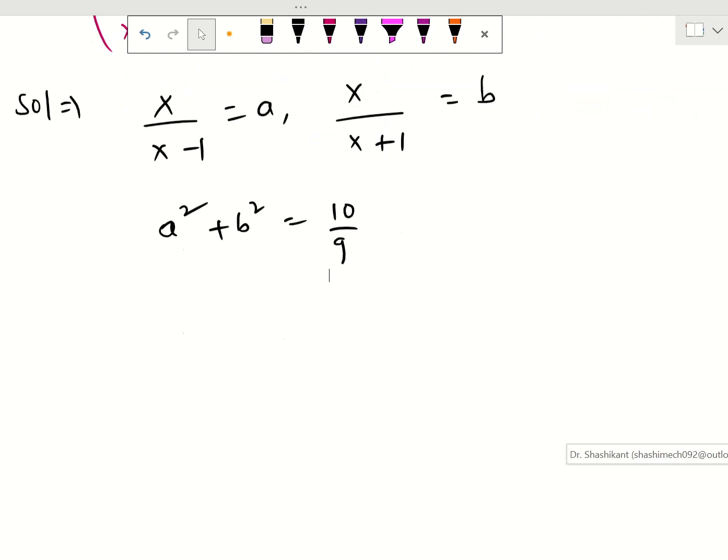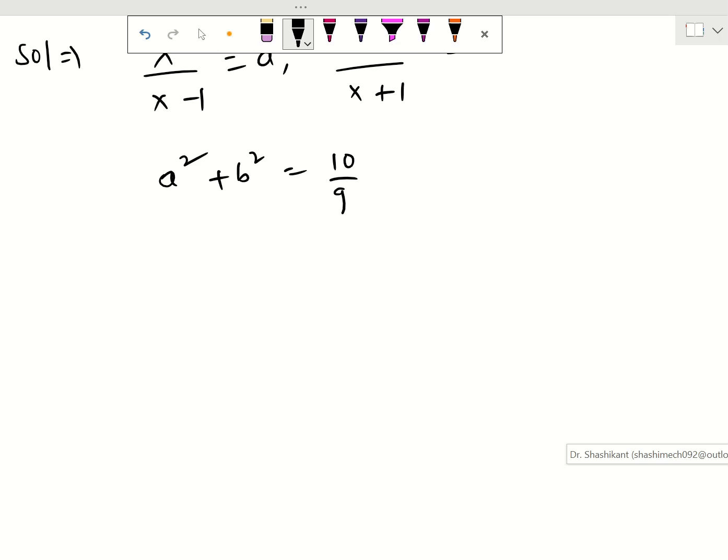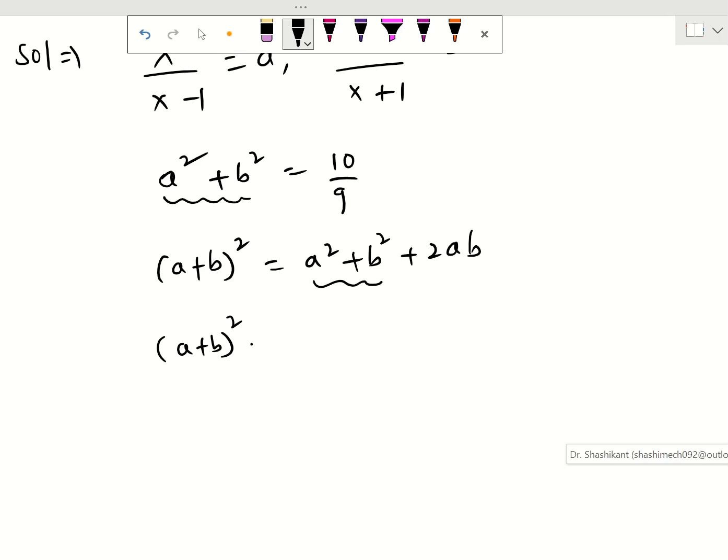So this LHS term we can simplify. As we know from the a plus b whole square formula, it is a square plus b square plus 2ab, right? So here the term a square plus b square is there, so I can write the LHS as a plus b whole square minus 2ab.